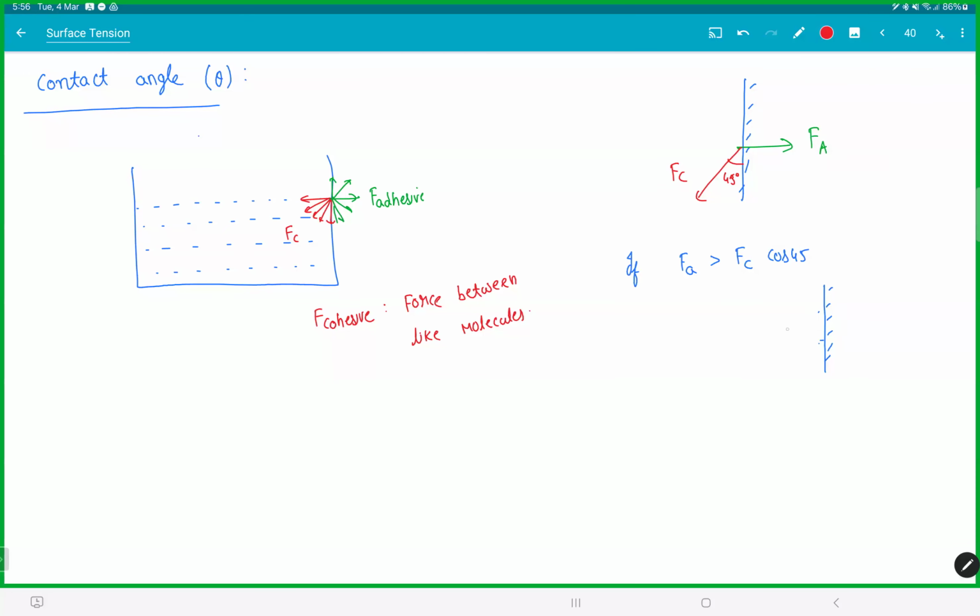Like the previous question that we did. These kinds of substances are called wetting substances. Basically, they wet the surface. Example, water and glass. Whenever you put water in a glass, the edges actually rise up. It's pretty small, but it is there.